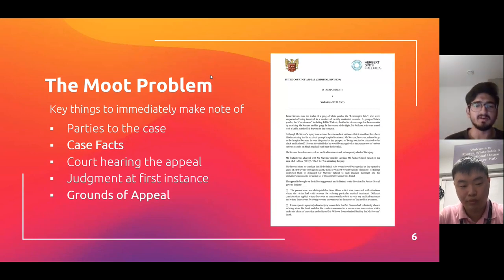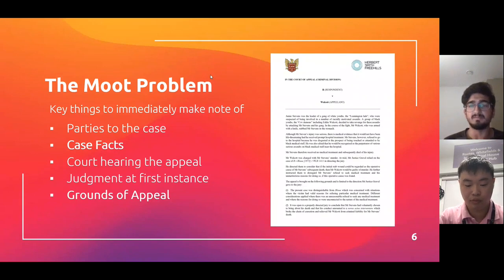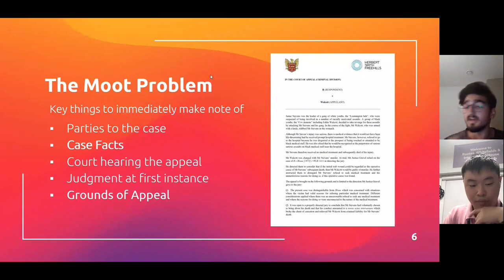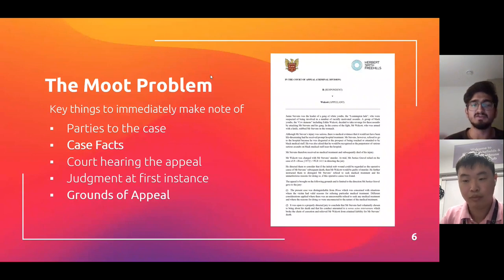Another really important thing to make note of is the fact that this is an appeal case. When a case goes to appeal, the facts are not in dispute. It tends to be specifically about the points of law which have been applied, and that's what the contention is around. The other important thing is that you're contending the judgment at first instance, the decision which was given at trial.